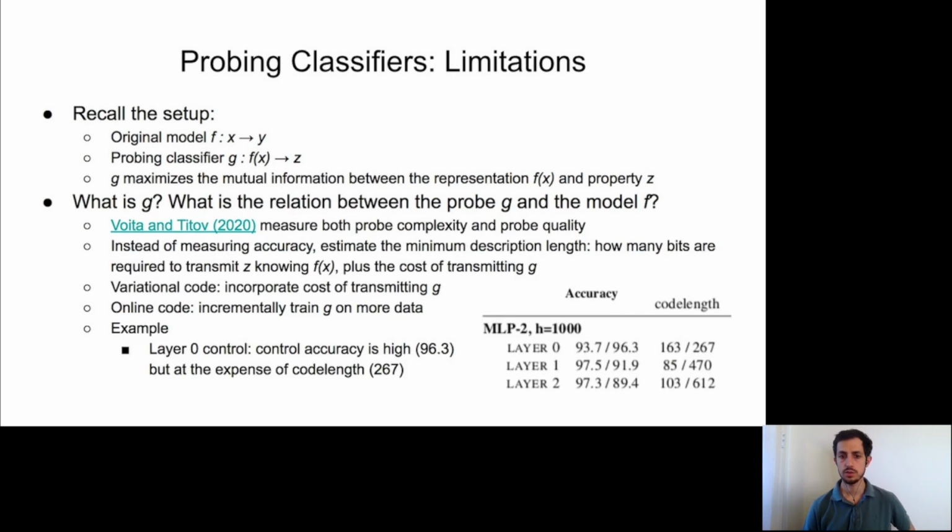The layer 0 control accuracy is rather high, 96.3. So even the input contains sufficient information to predict some random labels assigned to the types. But the interesting bit here is the code length. The code length is very high. So yes, there is substantial information there, but it's hard to extract it, and you end up with a pretty long code.